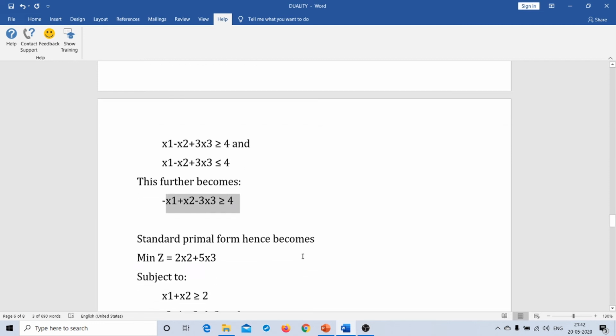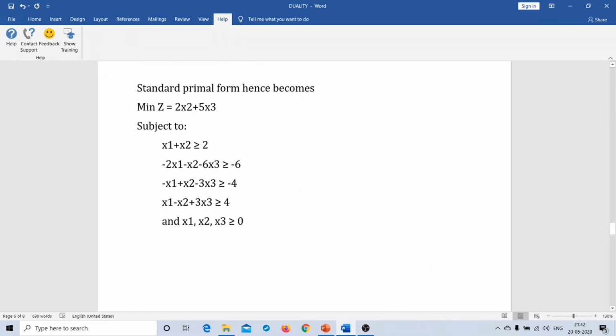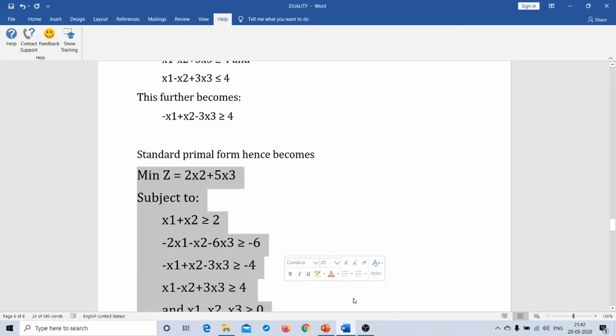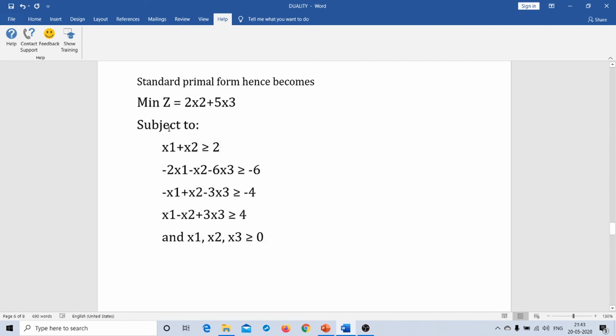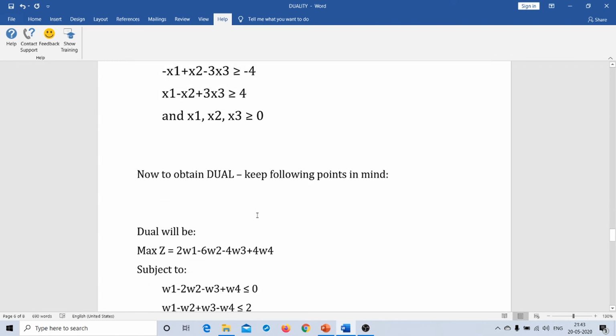So this is how my standard primal form looks like. When you closely observe, I have minimization with greater or equal to. All my constraints are greater than or equal to. Now to obtain the dual, keep the same points in mind and let us proceed.